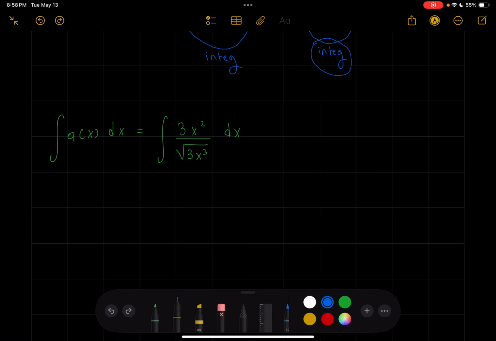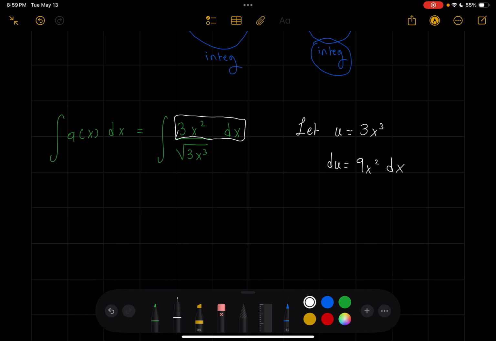So if I say let u be only the term inside of the radical, which is 3x cubed, so du, which is the derivative of u, we're going to drop down the 3, which is going to be 9x squared dx. Now 9x squared dx closely resembles the numerator.